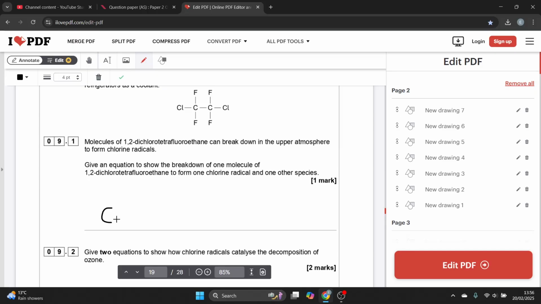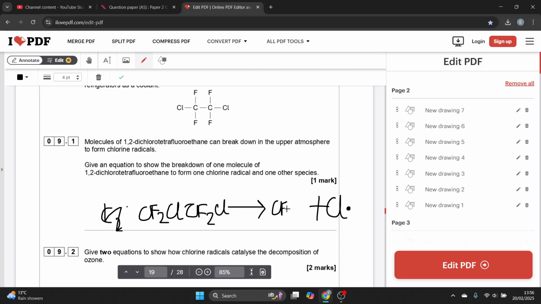I know I'm forming a chlorine free radical, and therefore the remaining is going to be a CF2Cl CF2 free radical.